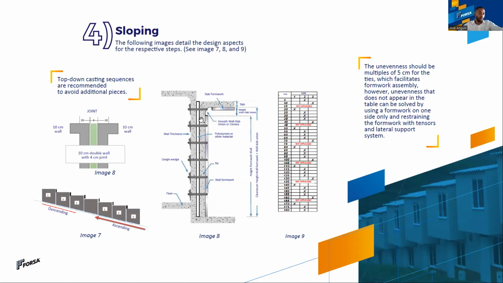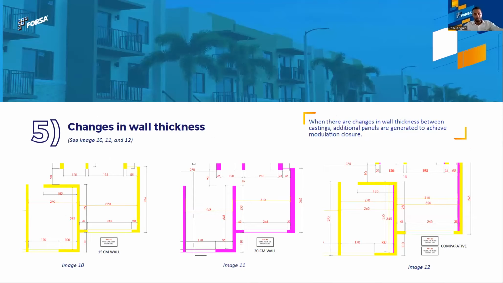Let's go to the following one. Here we have a very important topic to treat. Why? Because normally when we have high buildings, we have to cover what is named in design the wall sections, and we have to cover these wall sections through all the levels, and all those levels normally have a change between the section of the walls.